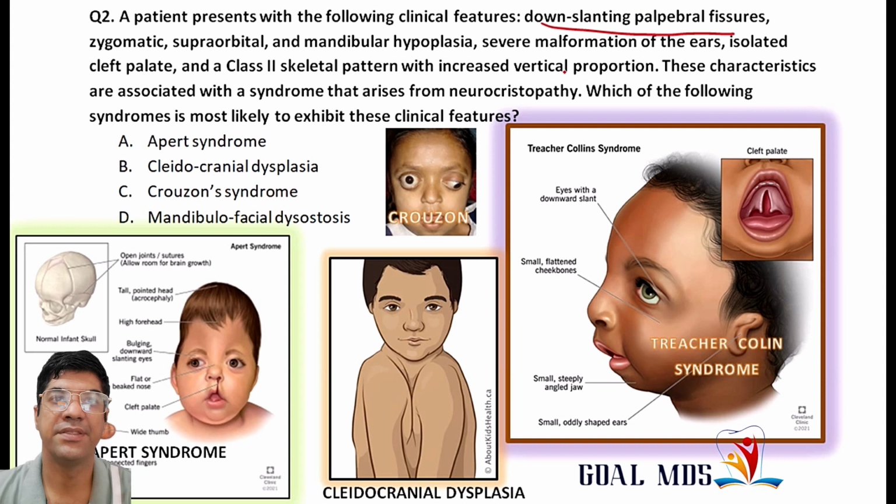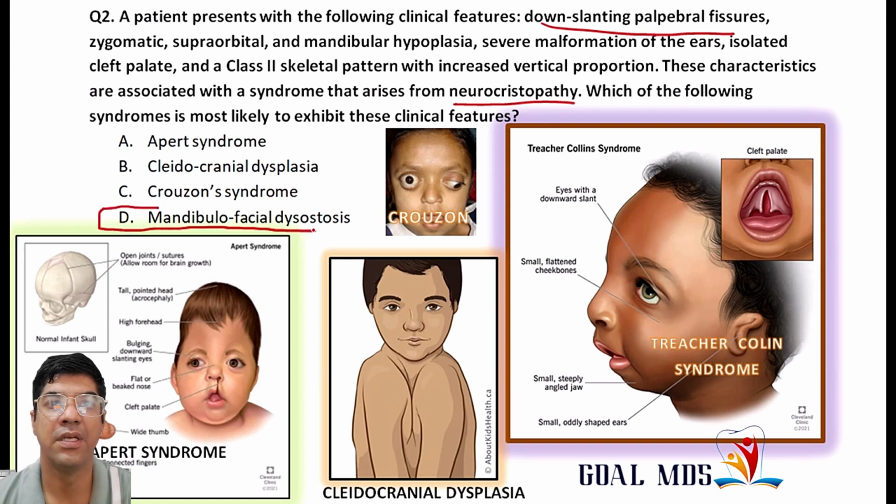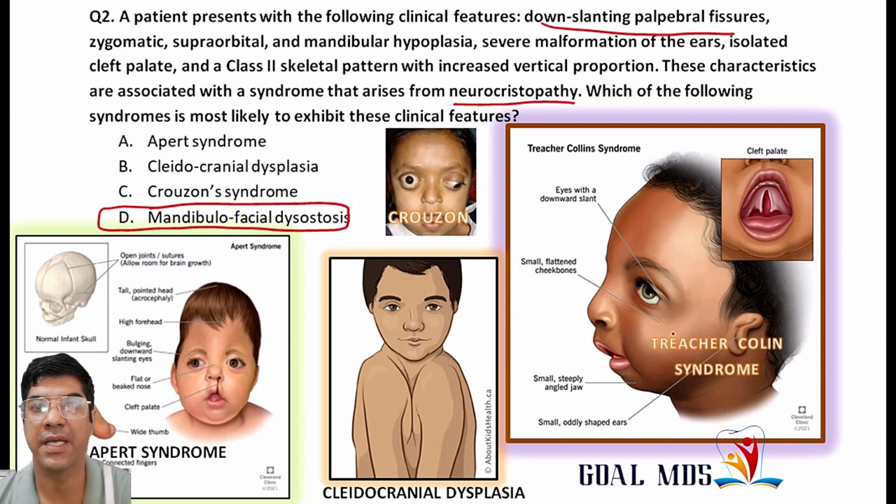These characteristics are associated with a syndrome that arises from neurocristopathy. So which of the following will show these features? Your answer will be mandibulofacial dysostosis. The other name of mandibulofacial dysostosis is Treacher-Collins syndrome.